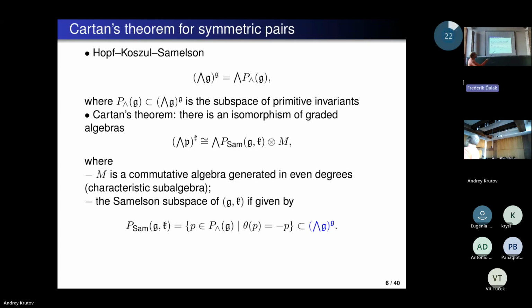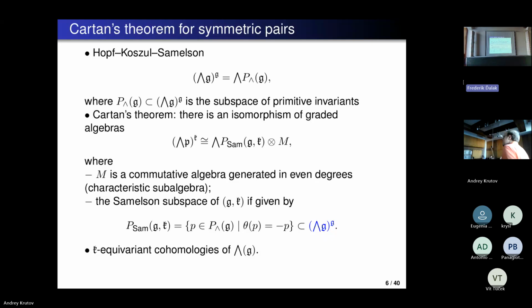And this guy is a bit of a tricky thing. It's some subspace which is realized inside of these invariants. So it is not a subspace here, but this is an algebra. And this is a tool to compute some equivariant cohomology, and moreover, if it has a corresponding compact symmetric space, it's exactly the cohomology ring.